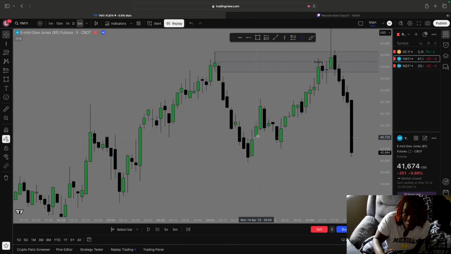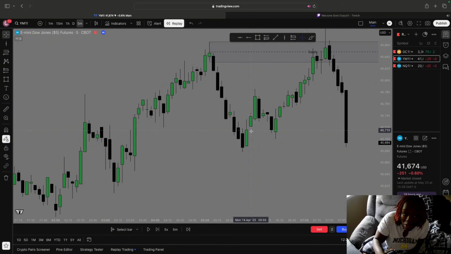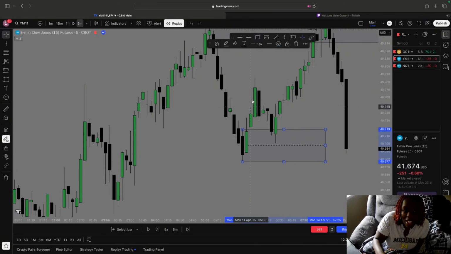We had, look, 1, 2, 3 engulfing bullish candles. Now what do we look for? The previous bearish candle. Here we go. The previous bearish candle, wick to wick. It came, tapped into here, gave us a bullish engulfing candle here.